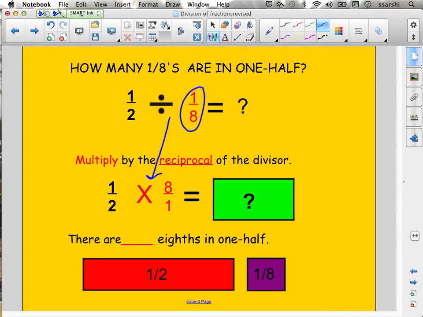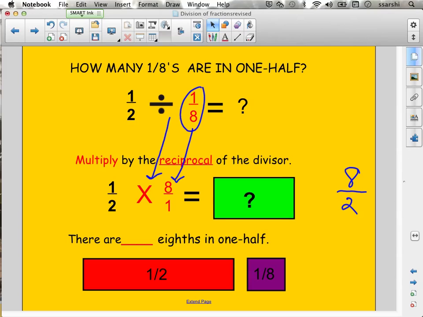We've taken 1/8 and looked at its reciprocal. So 1/2 times 8/1 equals. Multiply across, and you get 8 on your numerator, you get a 2 on your denominator.